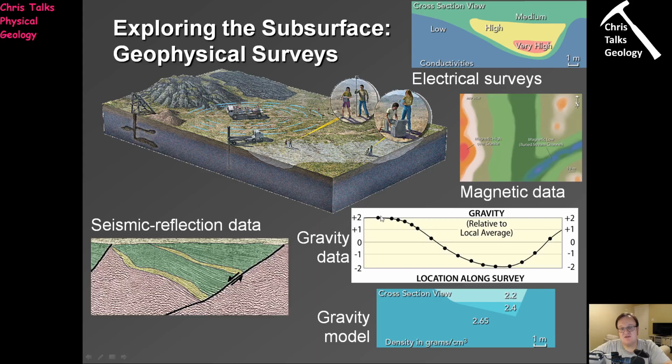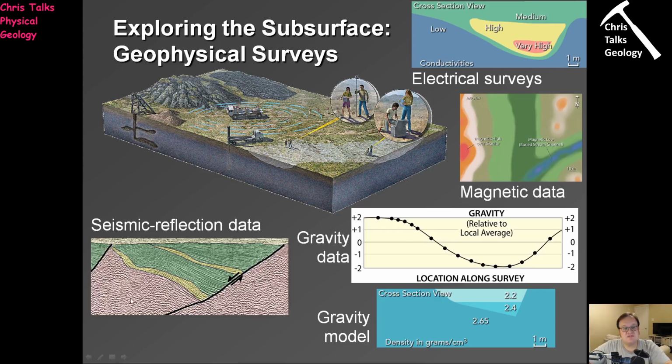And as we go this way, the gravity value steadily gets lower and eventually becomes negative. And then it's coming back up on the other side. That's because this area here is filled with clastic sediments. Clastic sediments will have a relatively low gravity signature.